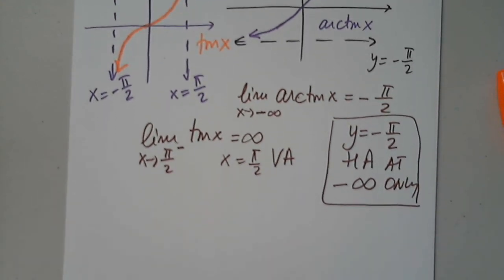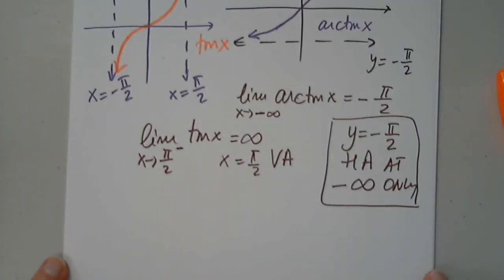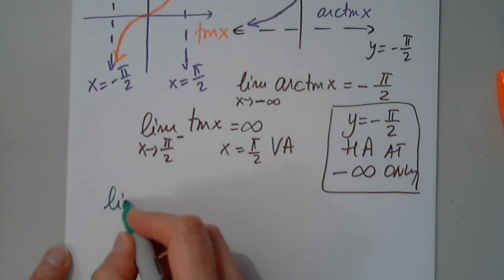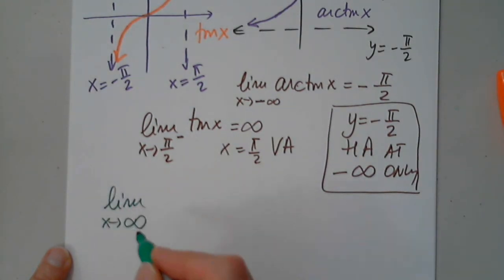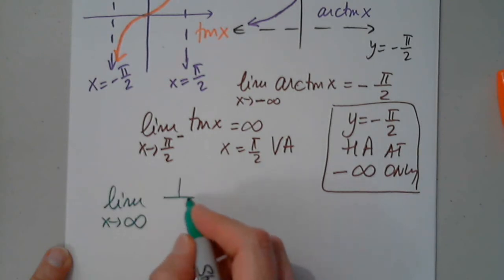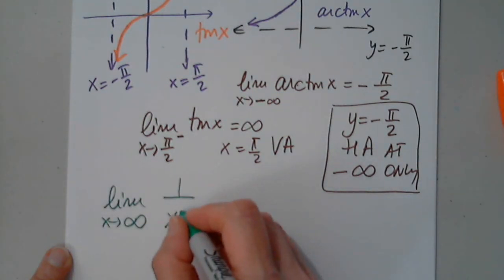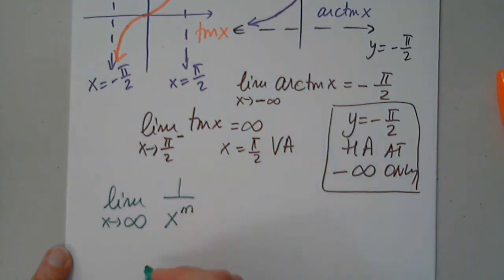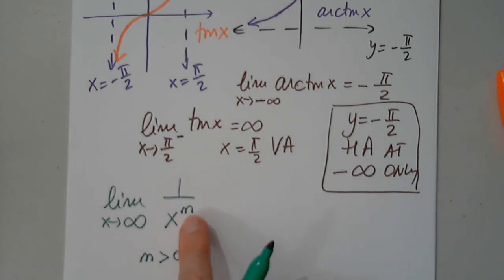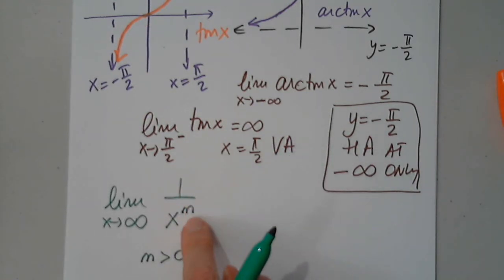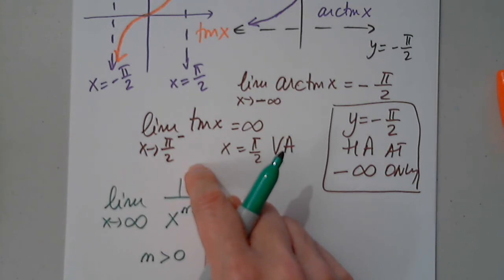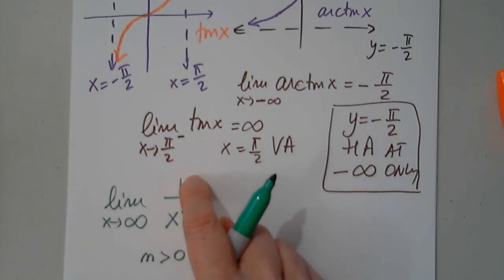The other thing I was going to mention is something we already did here. I started with that. So if we have the limit as x approaches infinity of 1 over x to any power, let's say power n, and n is definitely a number greater than 0. Because if it's negative, then it goes to the top. If this is negative 1, then this becomes x to the first power. If it's negative 2, it becomes x squared.